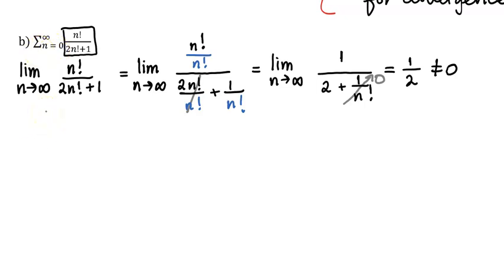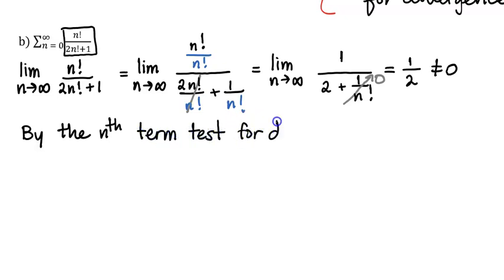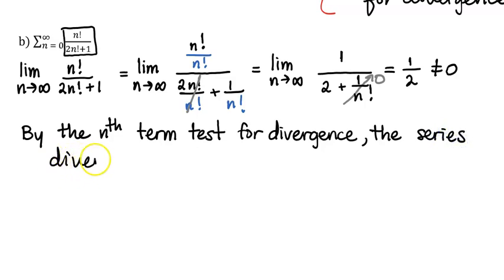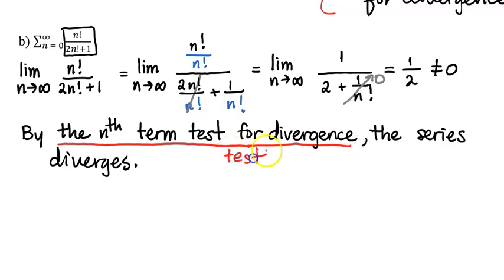You will be diverging because this limit is not equal to 0. By the nth term test for divergence, the series diverges. And yes, I am asking that you state which test you are using. Tell me which test you're using in order to make your conclusion.